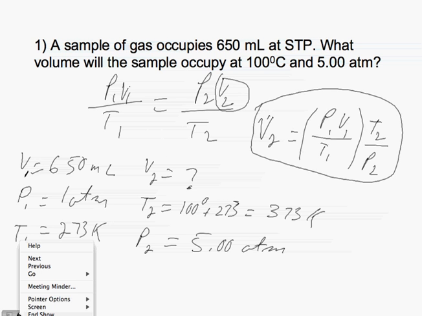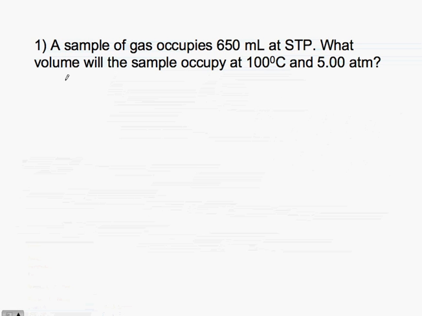So we have V2 is equal to P1 times V1 times T2, divided by T1 times P2. We already know what our units are. Volume 1 is 650 milliliters.